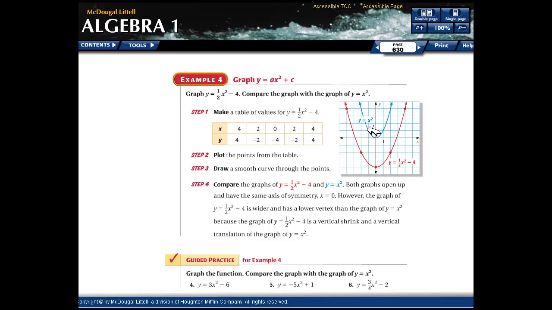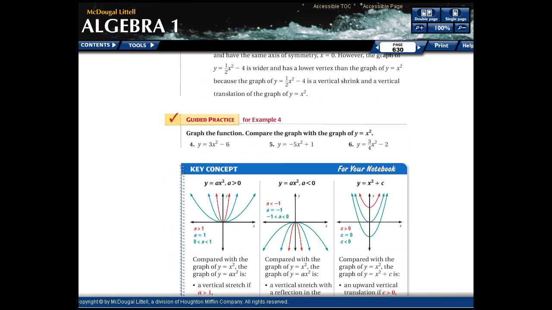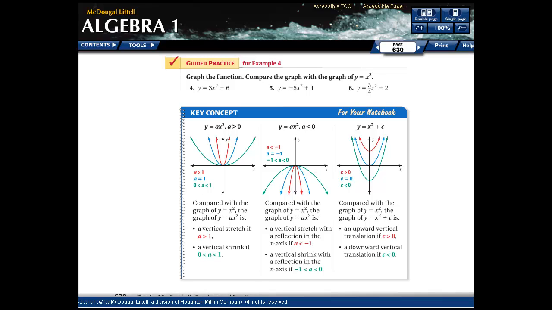Now, on your homework, it's just going to ask you to graph them, and that's fine. I'm not asking you to necessarily explain or compare them to the parent function, but I just want you to be aware of what we got going on here. So this one right here should start 6 units down, should be narrower than the parent because that's bigger than 1.